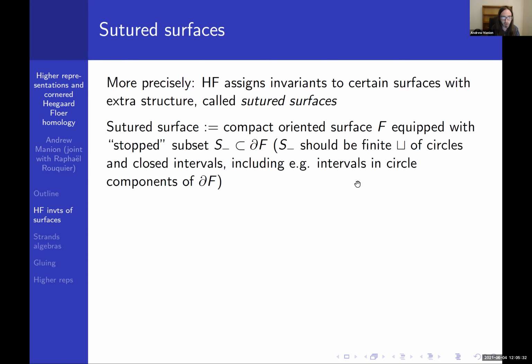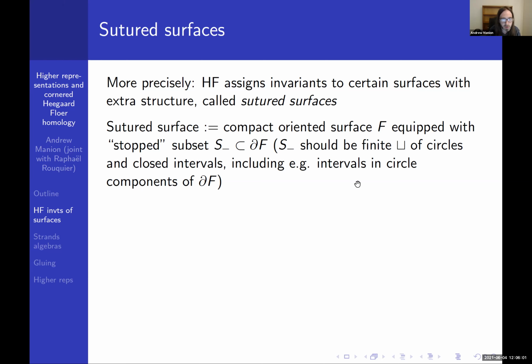You can take other ones, but I want to consider these things that Rumen Zarev calls sutured surfaces, in analogy to sutured three-manifolds. A sutured surface is a compact oriented surface F with stops in its boundary. It can be a finite collection of full circles in the boundary that are stopped, and then maybe other boundary circles of F where you have finitely many intervals chosen in that circle, and you say that's stopped.